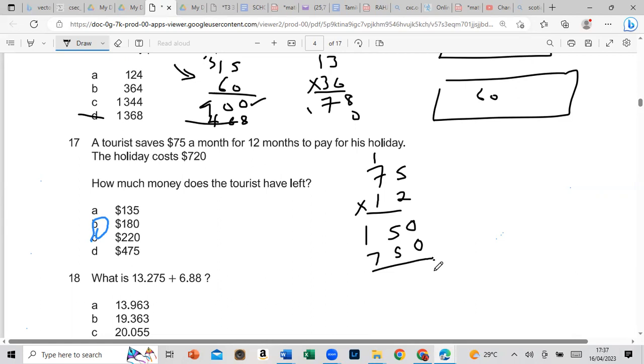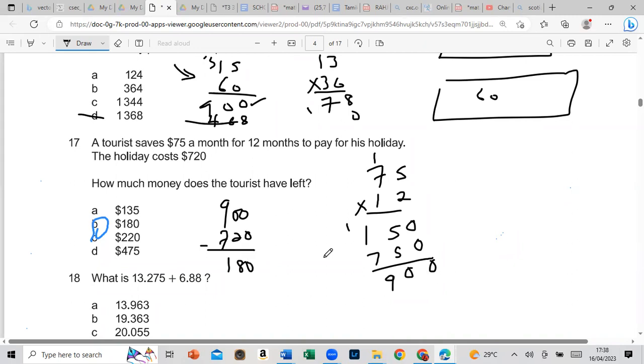And then we add. So that's $900, right? So all we have to do now is, you saved more than the vacation money, so you just subtract. That will give us the amount left.